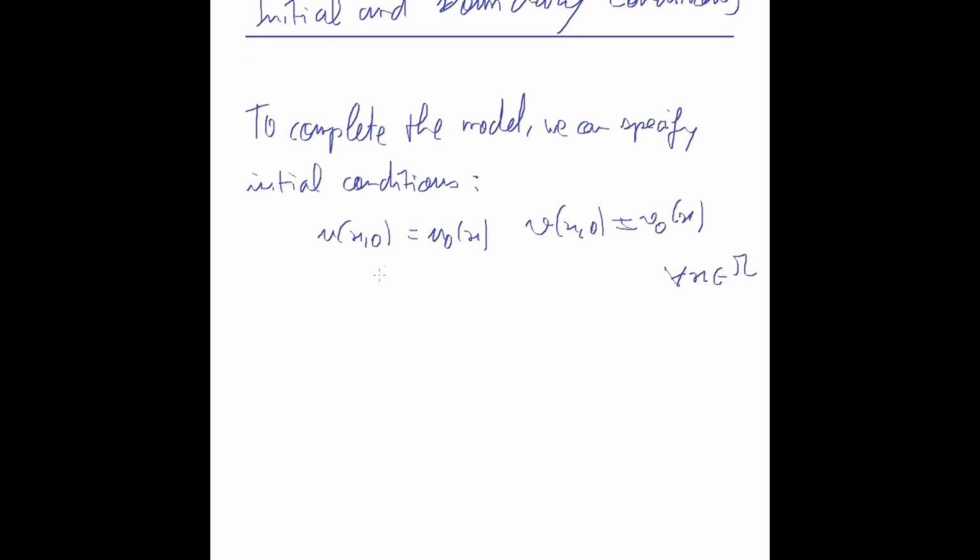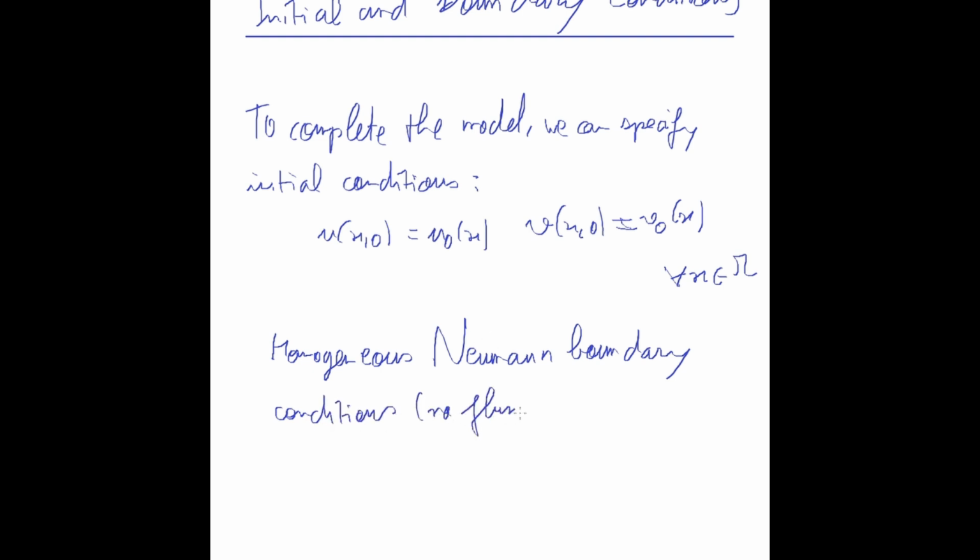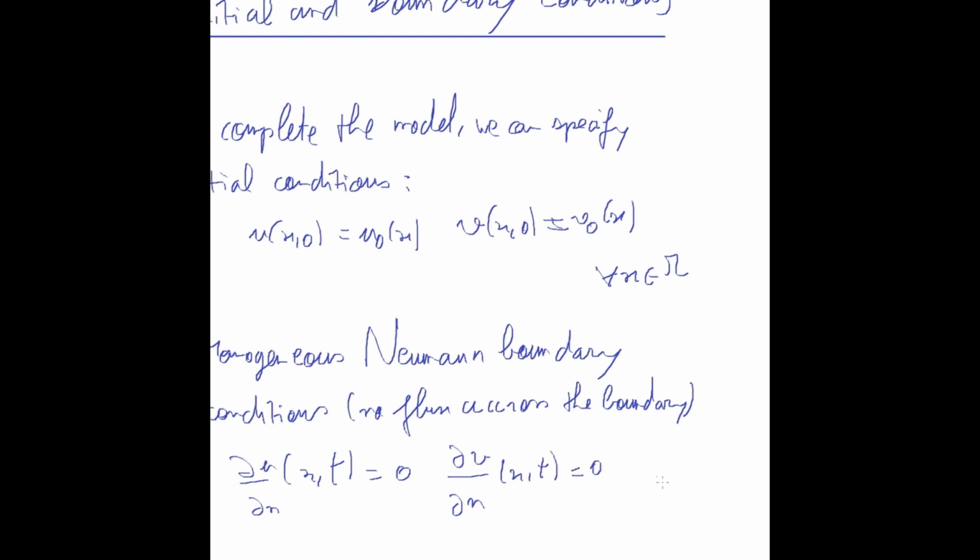For instance, homogeneous boundary conditions, no flux across the boundary. We should say the normal derivative of u(x,t) equals 0, and also the normal derivative of v(x,t) equals 0, for all x on the boundary, t positive.